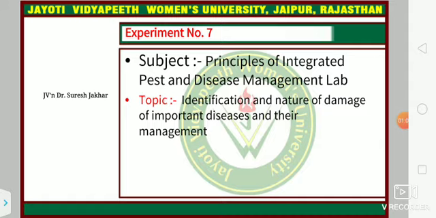Then first is mildew. Mildew consists of white, grey, brownish, and purplish pathogen growth on the host surface. Downy mildew is characterized by a tangled, cottony, and downy growth, mostly on the lower surface of the leaf or on other plant parts.